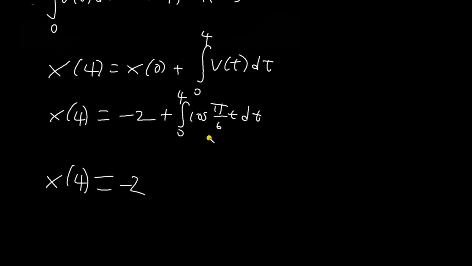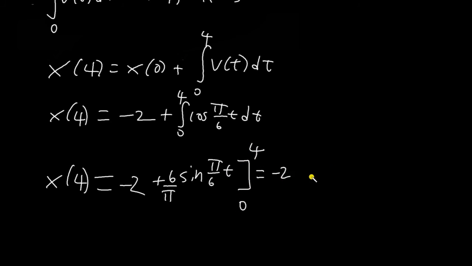So if you integrate this, you should remember that the integral of cosine is positive sine, so we'll start with a positive there. And then if we integrate this, we'll get sine of pi over 6 t divided by pi over 6, so times 6 over pi. And then this is going to be evaluated from 0 to 4.